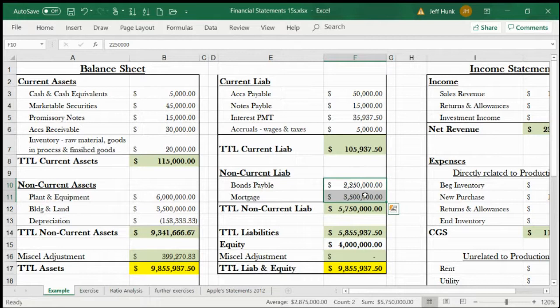But 2.5% was like a weighted average of the two, right? So anyway, that makes sense. What are accruals? Accruals are generally accrued wages and accrued taxes. And accrual means accrued wages. Now think about it.